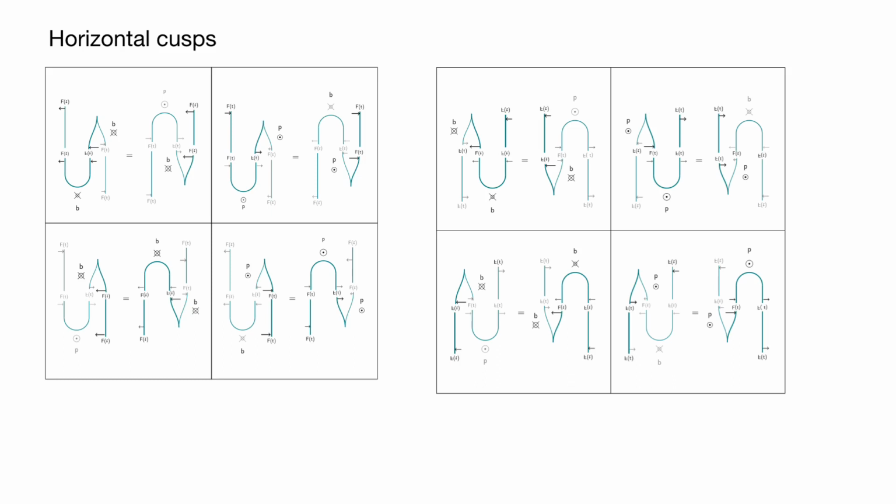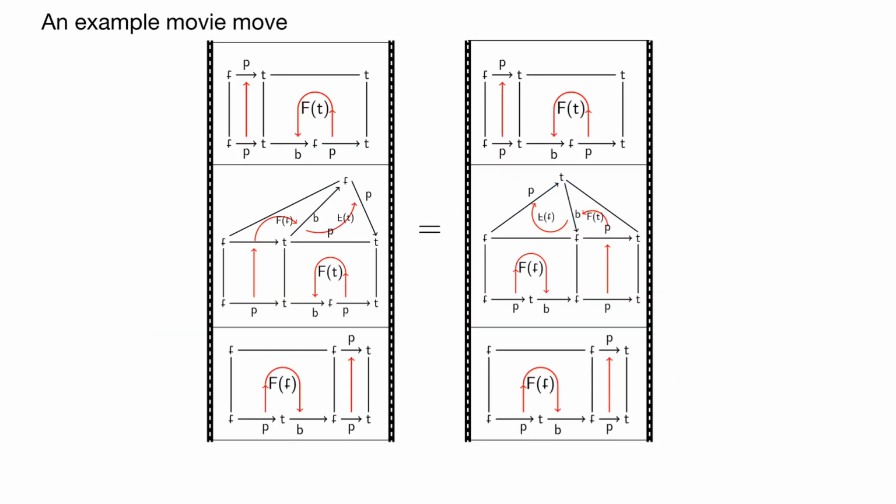This is an incredibly nice equation if you think about it as the composition of a cup with a wedge is equal to a cap with a V. And in fact, you can get all these horizontal cusps by means of that single expression. This is an example movie move of the horizontal cusps.